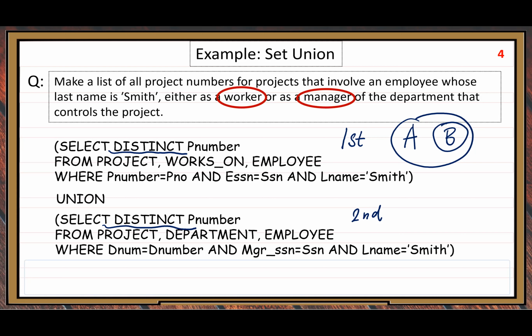So let's think about it. Or we can run the query statement and check if that is the case. Or we can run the first one separately, the second one separately, and see if the first result contains the second result.